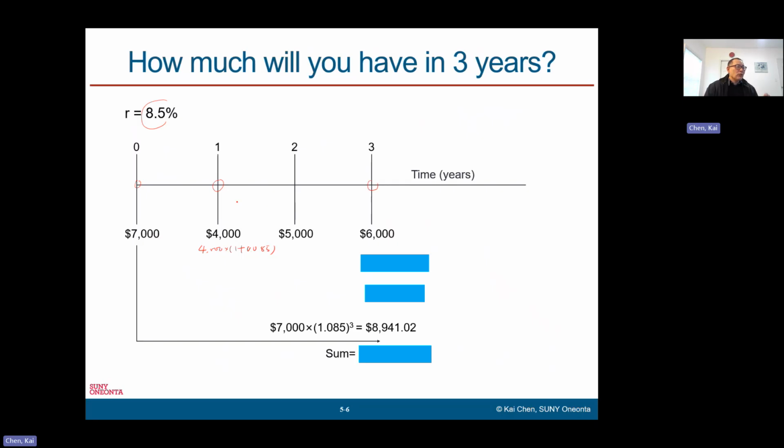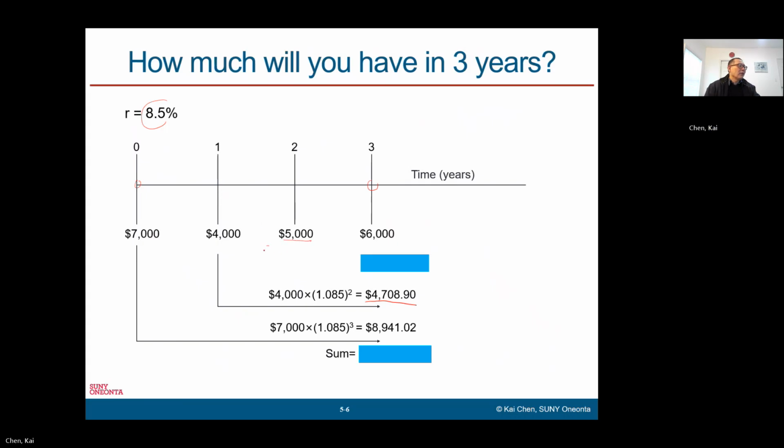Between these 2 points, there are 2 years, so the power is 2. No matter which way you calculate, you get the result. The future value of the second cash flow, $4,000, is $4,708.90.